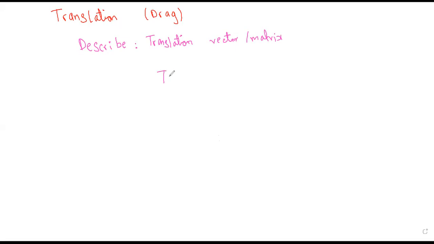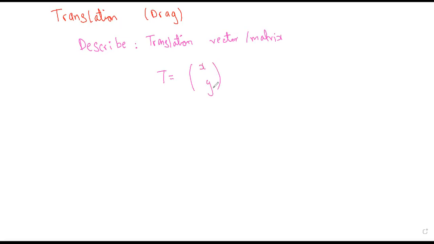Okay, just pay attention. Translation vector is of this type: t equals x, y. Now this is for the x coordinates, this is for the y coordinates. I'll obviously explain to you the link of this with translation.